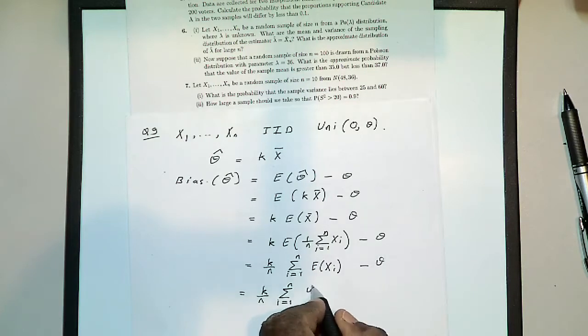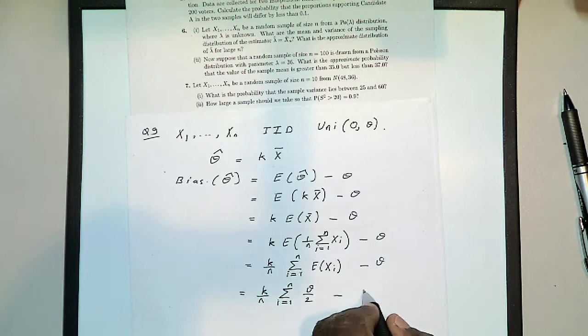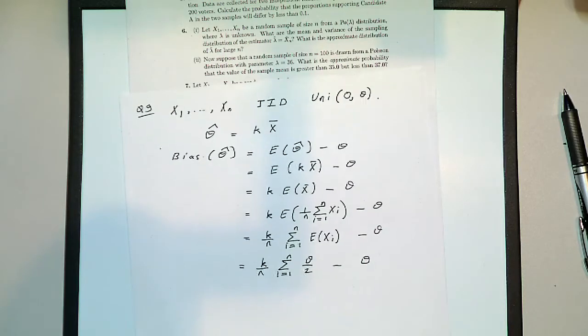Theta over 2, yes, exactly. Remember it's a plus b divided by 2. A is 0, b is theta. So theta over 2 is a constant, so we have n theta over 2 minus theta.